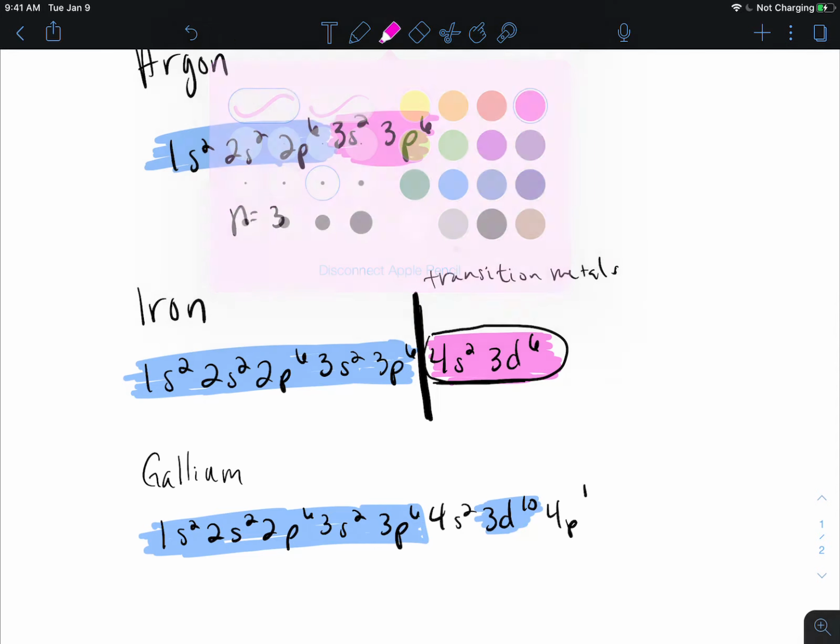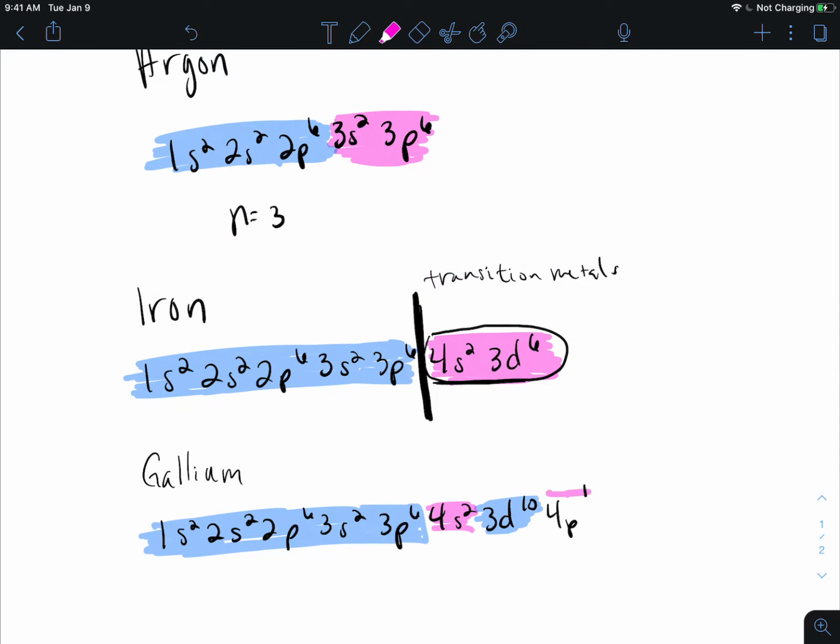The only case where we have a less than n max in our valence is a transition metal. So here, this one goes with these. Okay, so again, very weird for our transition metals.